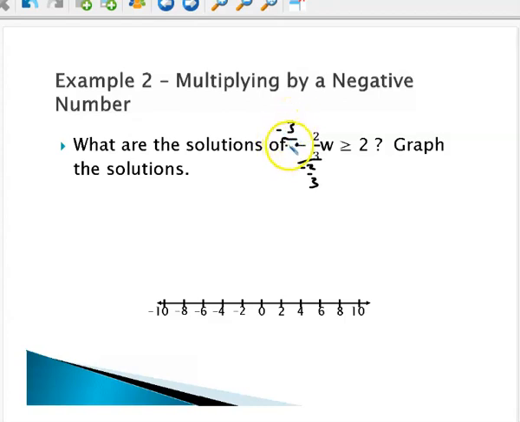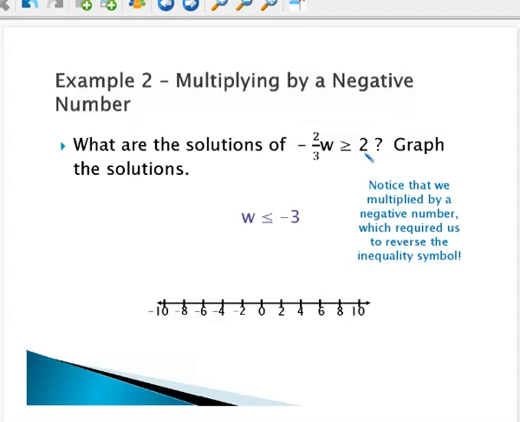So I'm going to multiply by negative 3/2 on the left and negative 3/2 on the right. If you need to, make this whole number a fraction. Once I simplify that work, I find out that w is less than or equal to negative 3.